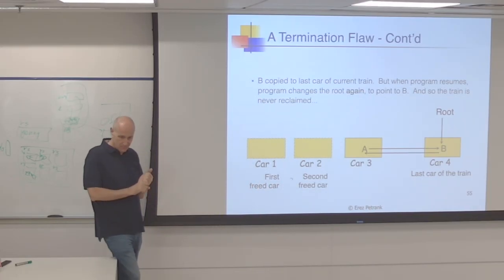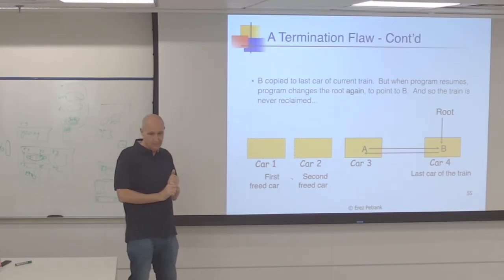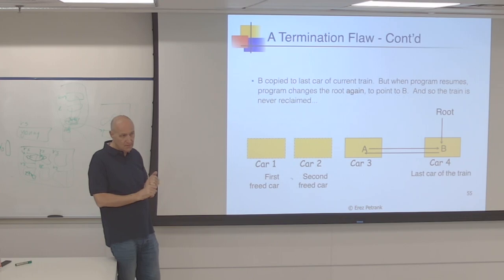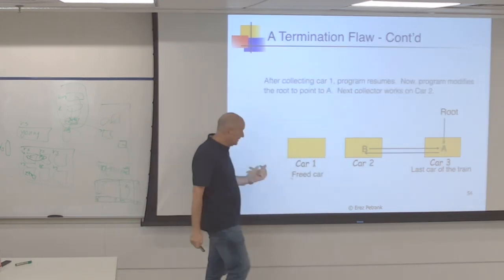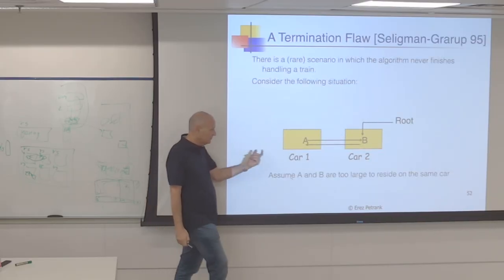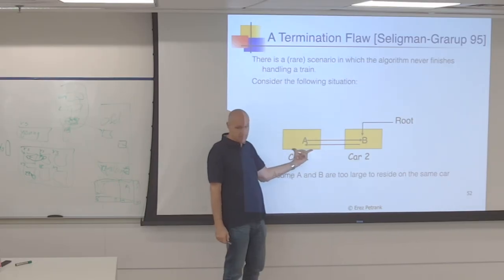You reclaim one car from one train. Yes. And because that is here, so we don't move on to other trains, right? No, I reclaim. I move this. If I go back, from my point of view, I moved A to another car, and then I reclaimed this car. Right?